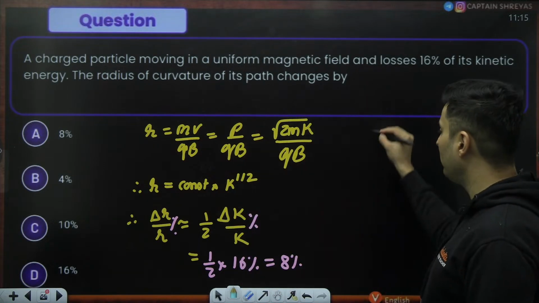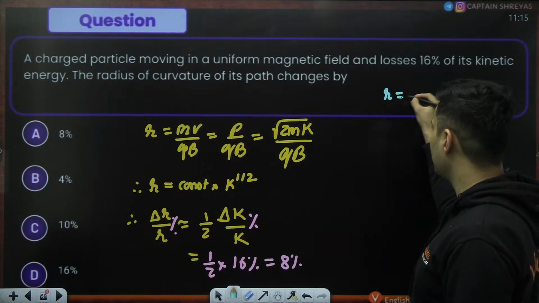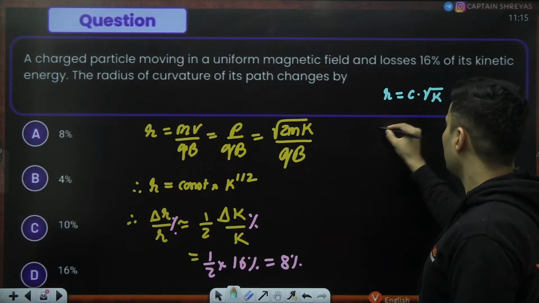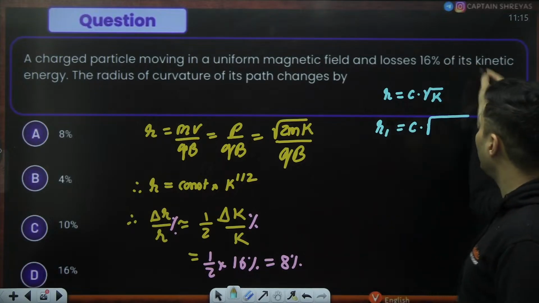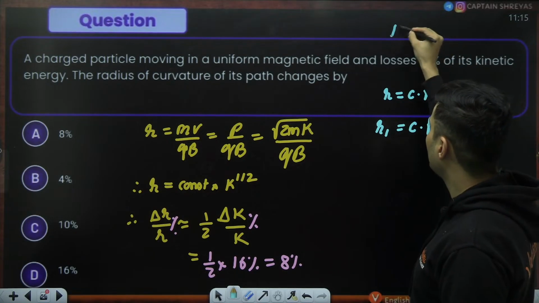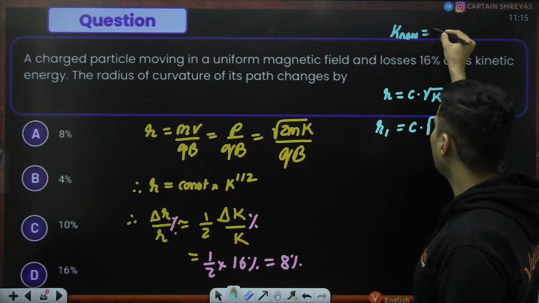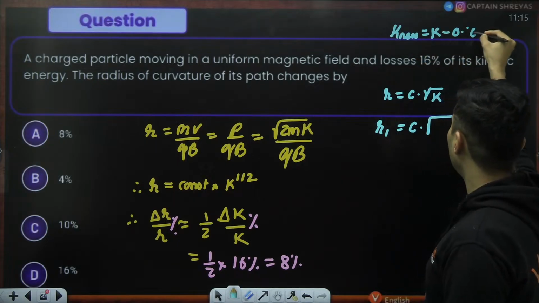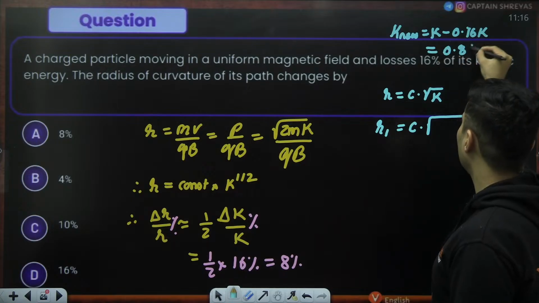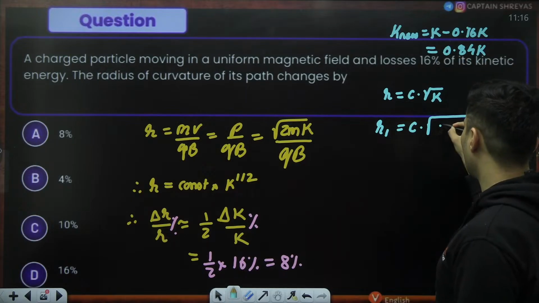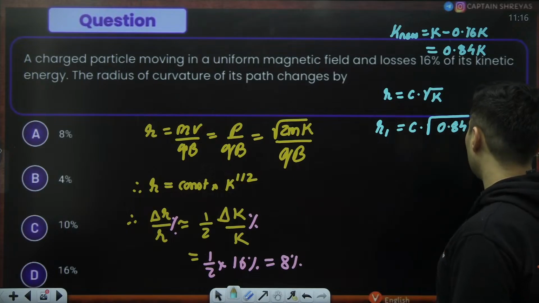The right approach would have been: the original radius is some constant into root K. The new radius is constant into root of new K, where K has decreased by 16%. So the new K will be the old K minus 0.16K, which is nothing but 0.84K. So you're going to put 0.84K over here.